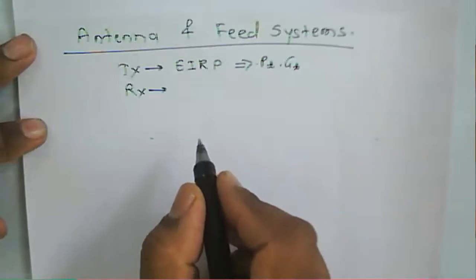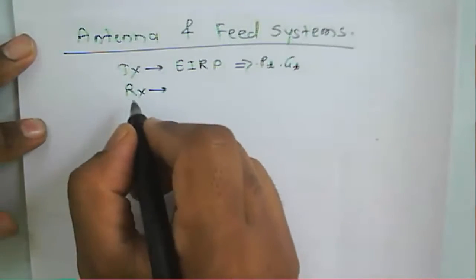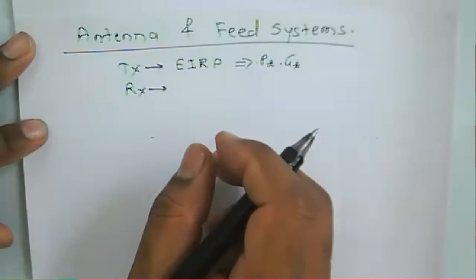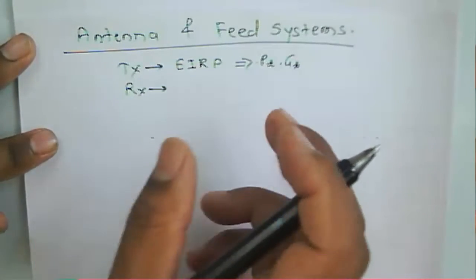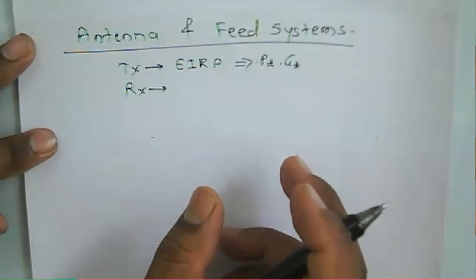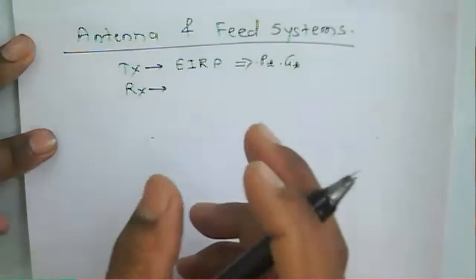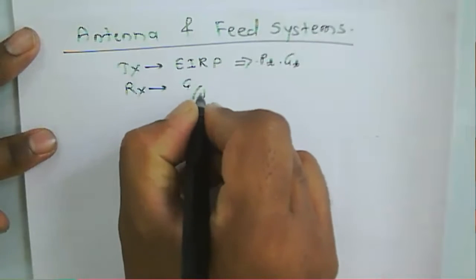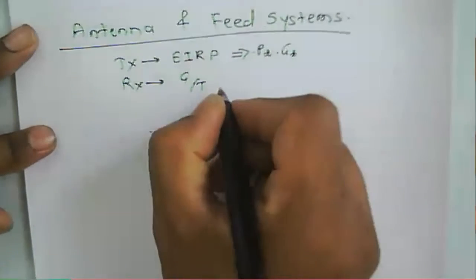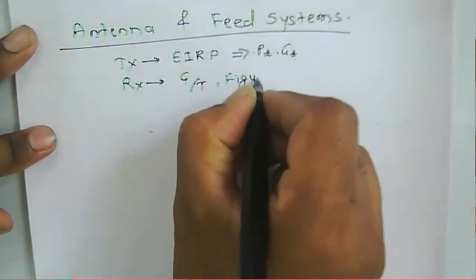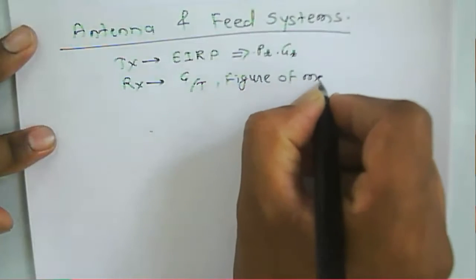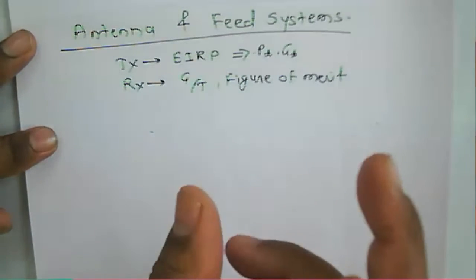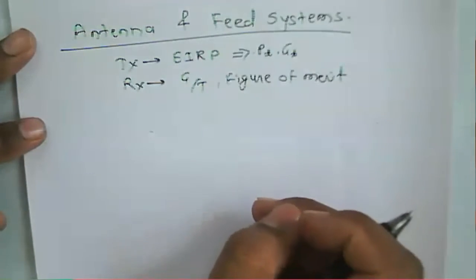Then at the time of receiving, if we are using the antenna for the receiver, then on the receiving side, what will be the gain to noise ratio, or the figure of merit? That is defined by the receiving antenna.